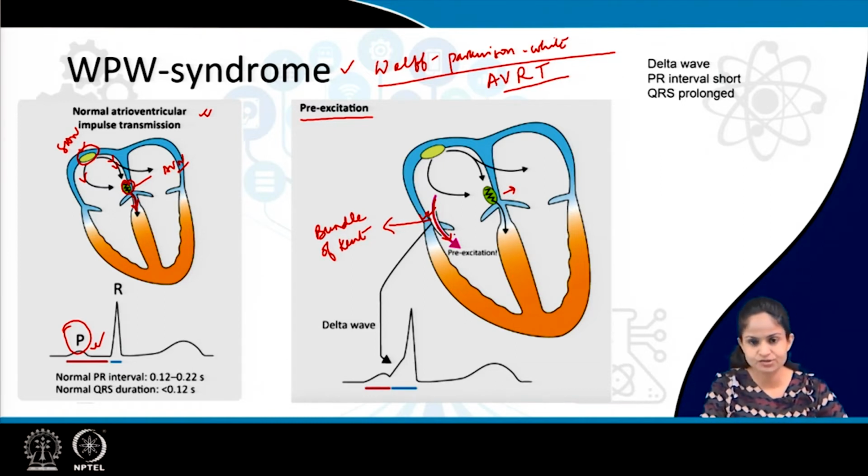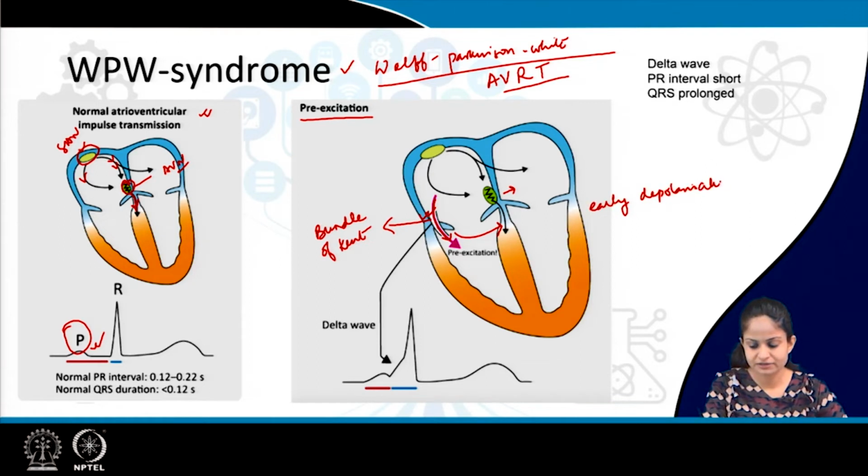When the impulse gets transmitted directly from the atria to the ventricles with the help of this accessory pathway, it will soon meet the ventricular myocardium, and the ventricles will get depolarized earlier. There will be early depolarization of the ventricles.